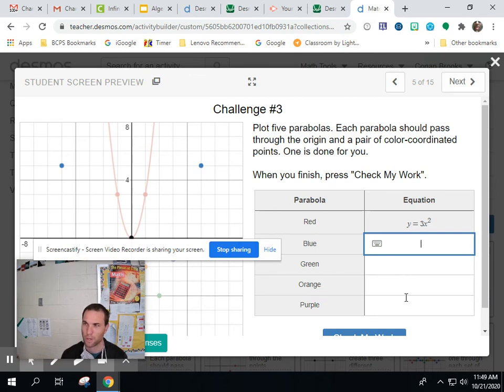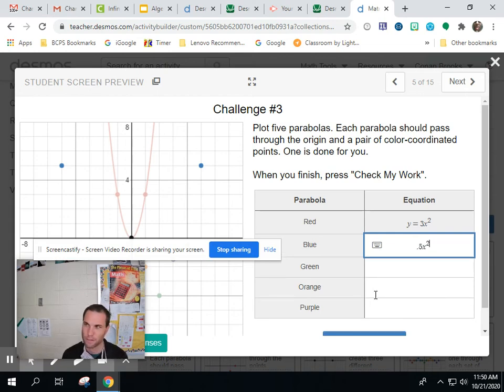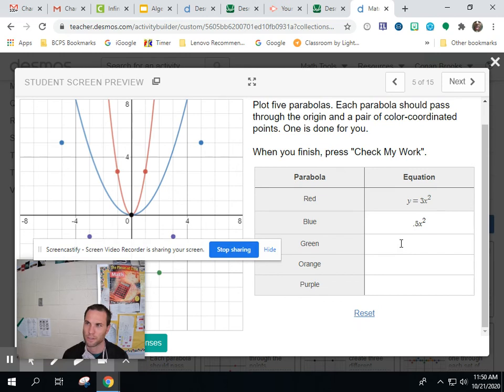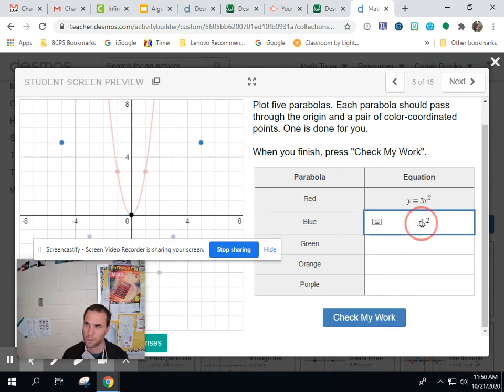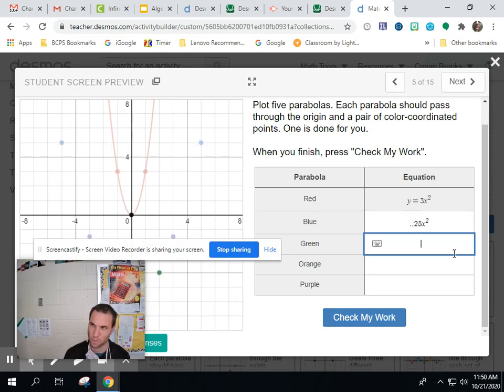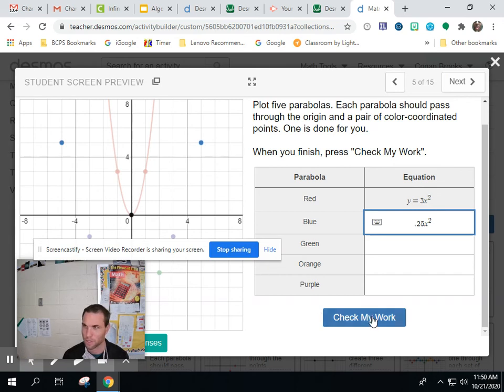So the blue one, I want it to get bigger. And to get bigger, you are going to want to make it smaller than 1. So this is going to be maybe half an x. And it's going to be trial and error, so that's not enough. So I need to get closer to 0. So closer to 0 might be 1/4, or you can do 0.25. Either one will work.